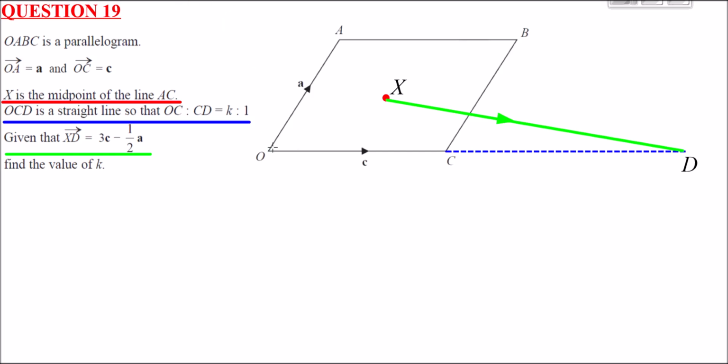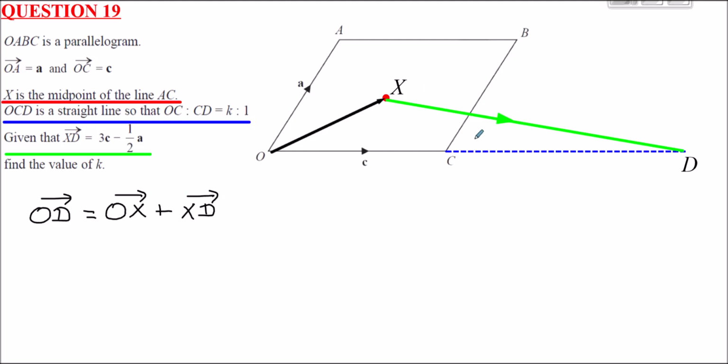Well, actually, yes, we could. So to go from O to D, I could go from O to X, and then, once I'm at X, I could go from X to D, which is this one in green.